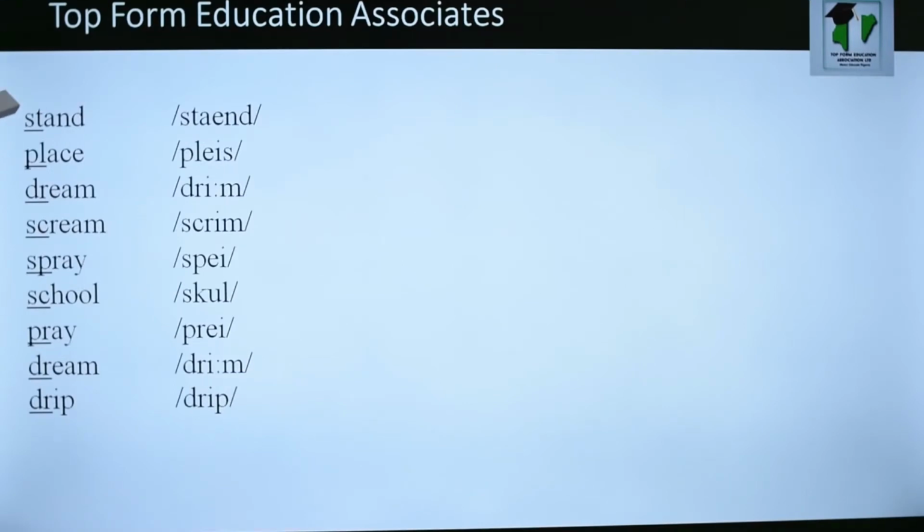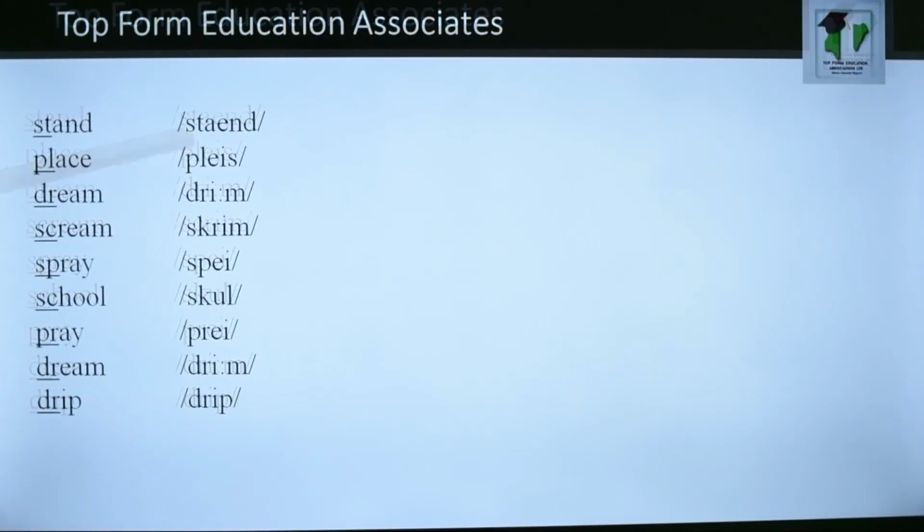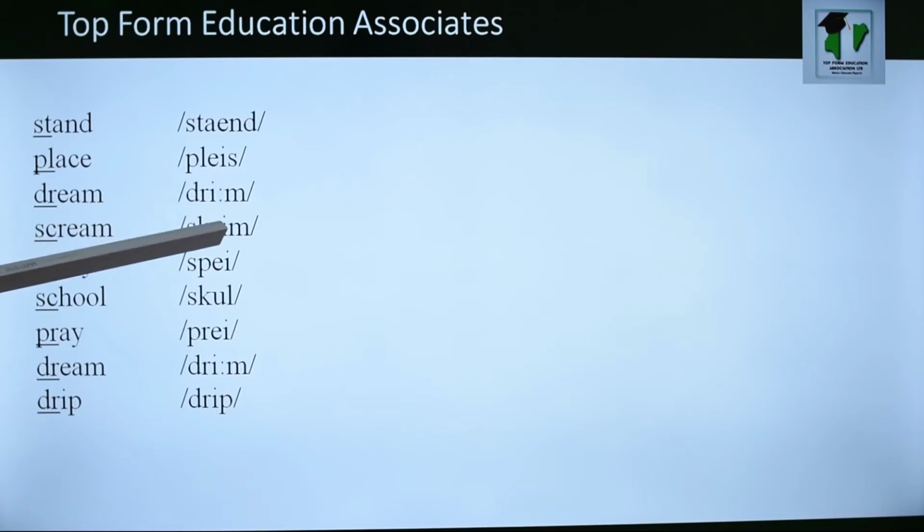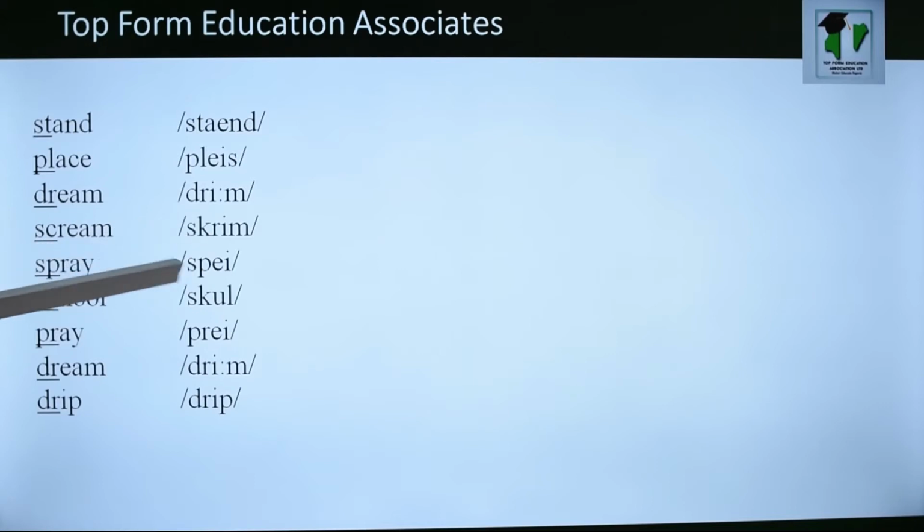We have stand. S, t, a, n, d. Stand. You see there's a cluster here. S and t. Scream. We've corrected it. Is s, k, r, e, m. Then we have the cluster here as what? S, k.